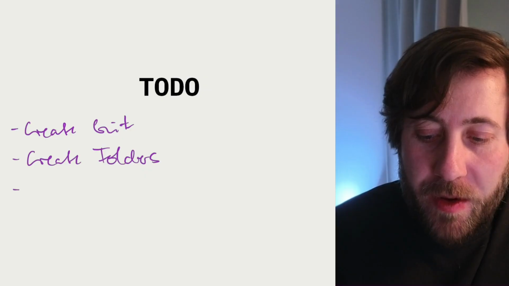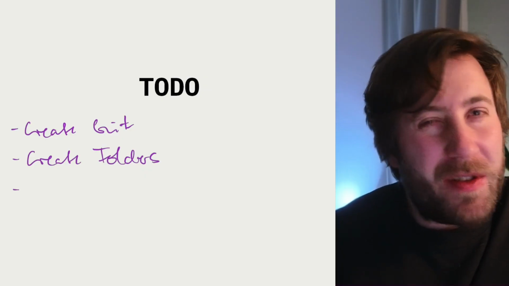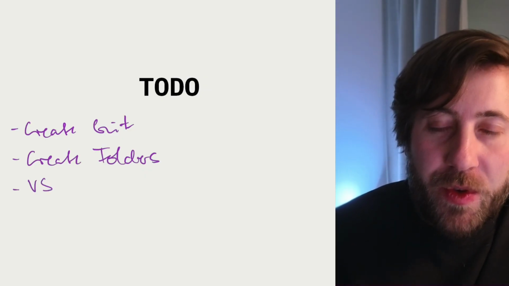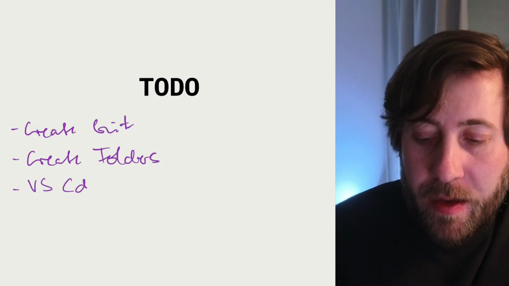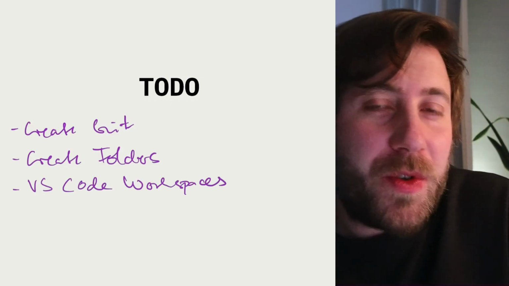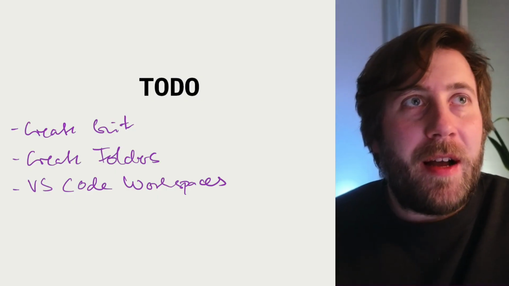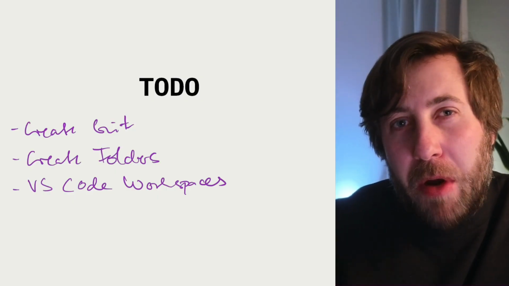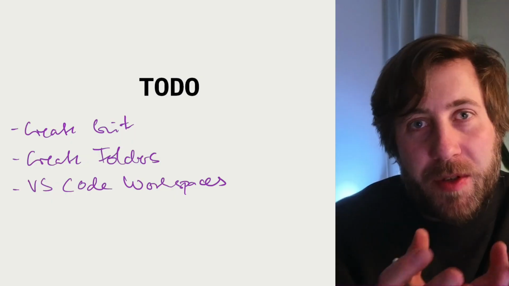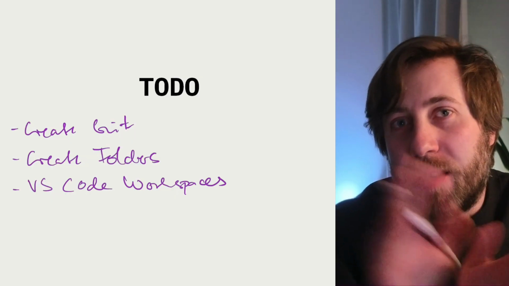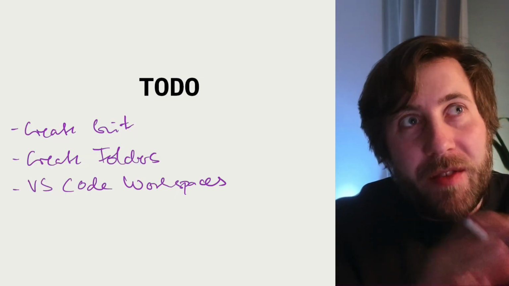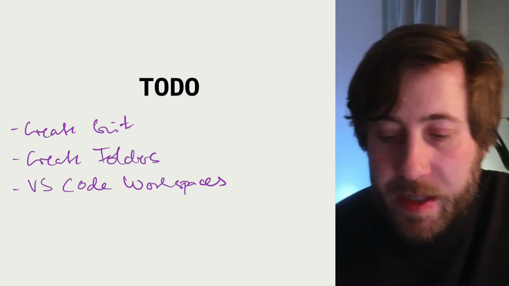And probably it also makes sense, with the different folders, to have some Visual Studio Code workspaces. The idea with those workspaces is that I can quickly switch between parts of my application. So everything will live in a Git repository together. And then I have those folders, and depending on which folder I'm in, I want to be in a different VS Code workspace.